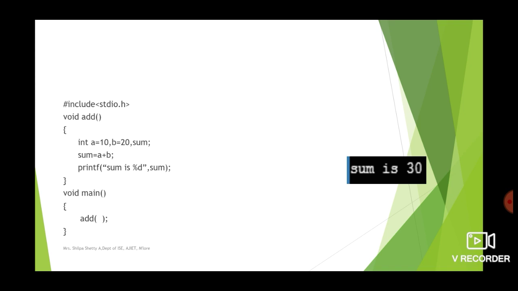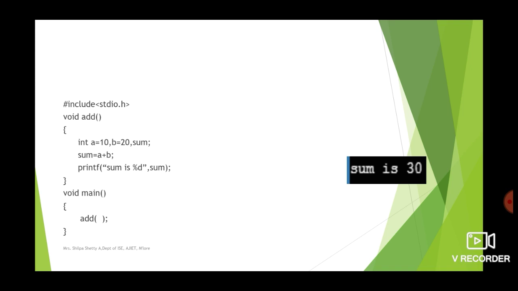Inside the function we declare 2 variables a and b and initialize them with the values 10 and 20. Also we declare another variable called sum to hold the result of the addition. The next statement does the addition, that is sum is equal to a plus b, and once the sum is found we display the result, that is printf sum is equal to %d, sum.